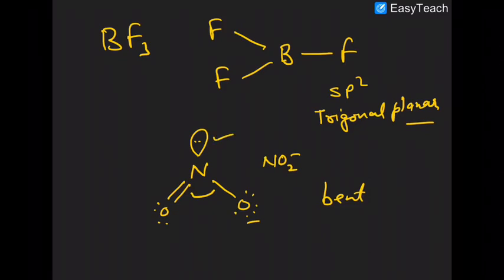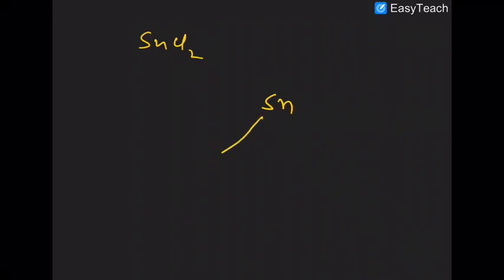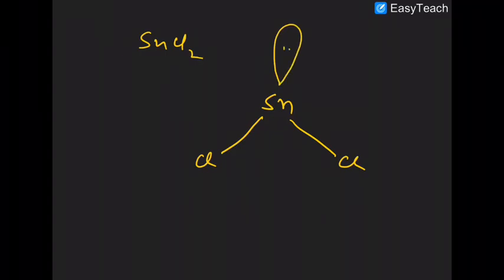Because of the presence of this lone pair on nitrogen. So it is bent shape. Similarly SnCl2: there are two bond pairs, but the presence of one lone pair means the angle x is less than 120. It should be 120, but in this case it is not 120. So it is bent shaped.